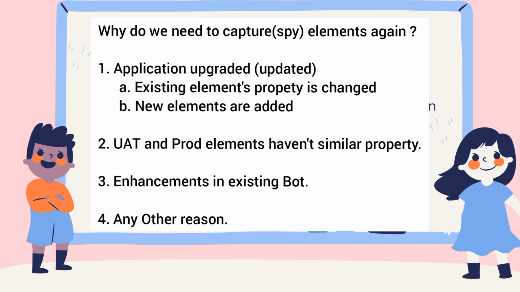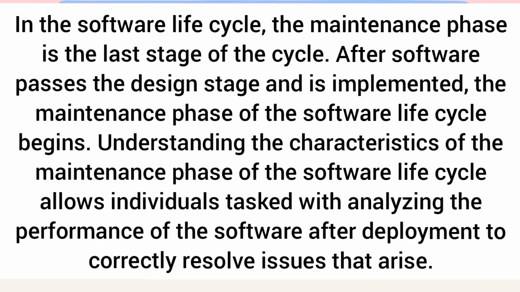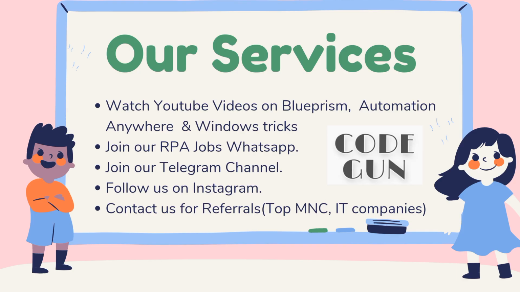Any change in the UI, or if an element has changed, or its position, or anything happens in the application which impacts the bot, the RPA developer has to recapture those elements or re-automate that application.